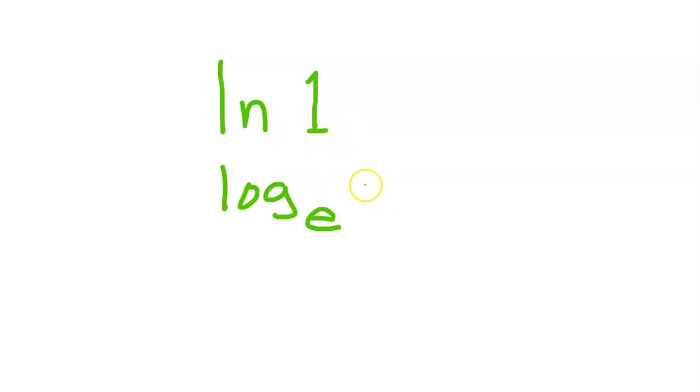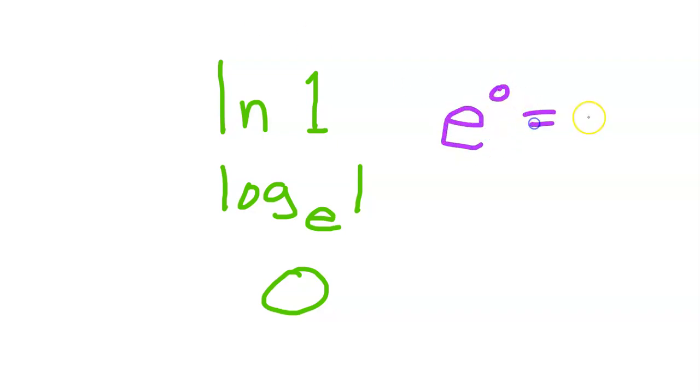So natural log 1 is log base e of 1. So this is asking the question, what power turns e into a 1? And the answer is 0, because e to the 0 power is 1. Anything to the 0 power is going to be 1. So that's why the natural log of 1 is 0.